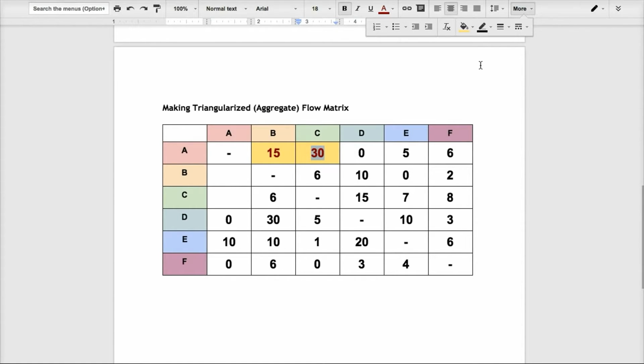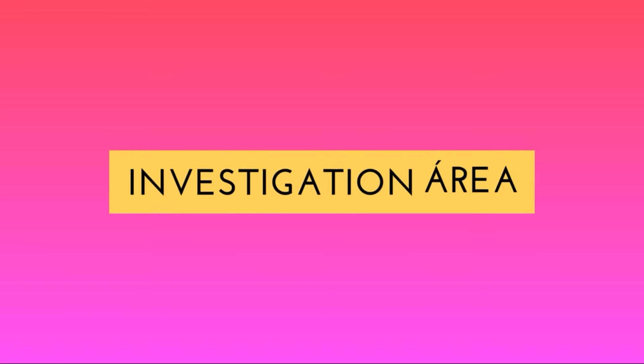Finally, the sequence is introduced stage by stage. Stage 1, first matrix, stage 2, second matrix, and it continues in the order of the sequence of the SLP method, making a triangular set to aggregate the flow matrix in BUFA.